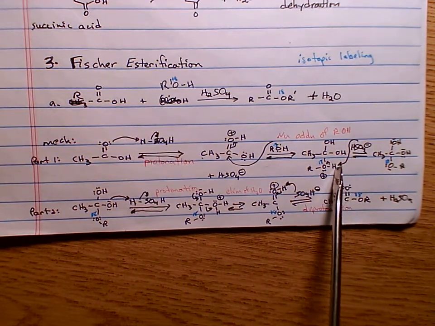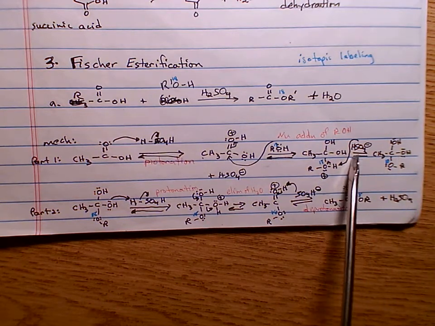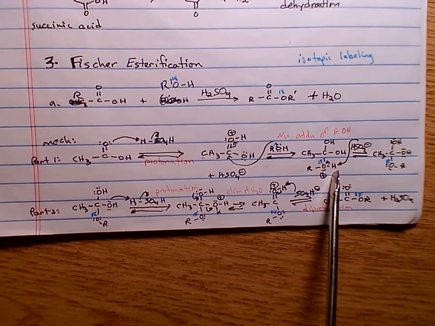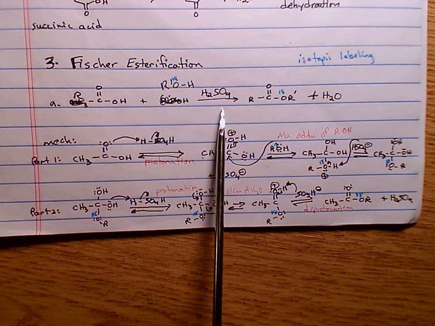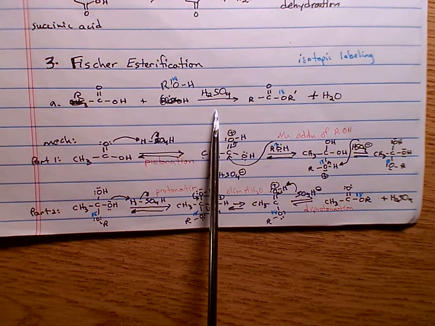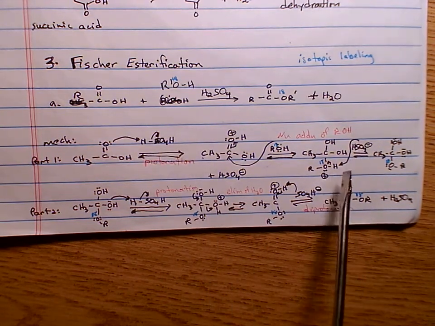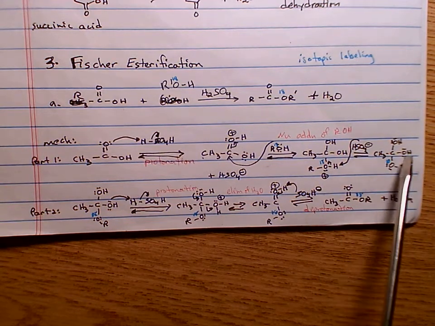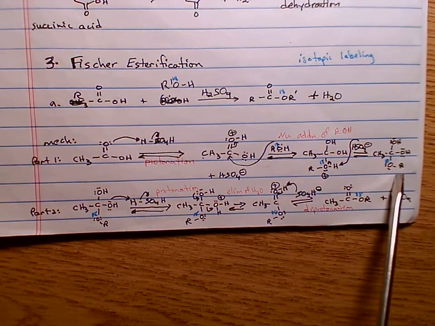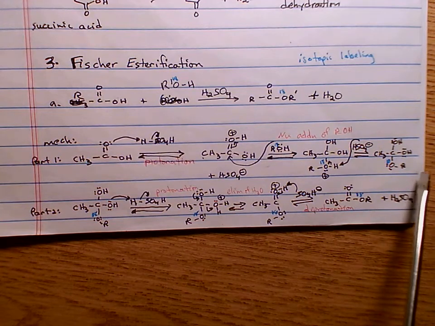It comes back in, takes this hydrogen to reform sulfuric acid, because note, sulfuric acid is our catalyst. A catalyst speeds up the reaction, and B, you have to remake the catalyst. So this HSO4 minus comes in and snags this hydrogen. So now we've got our 2 OH groups on here and our OR group on here from our alcohol that attacked. And we still have sulfuric acid in there too.